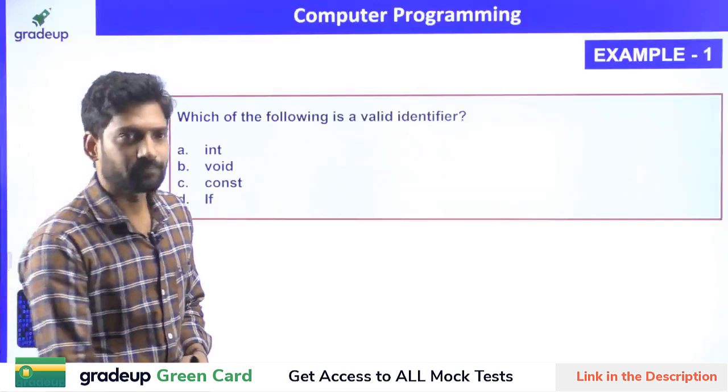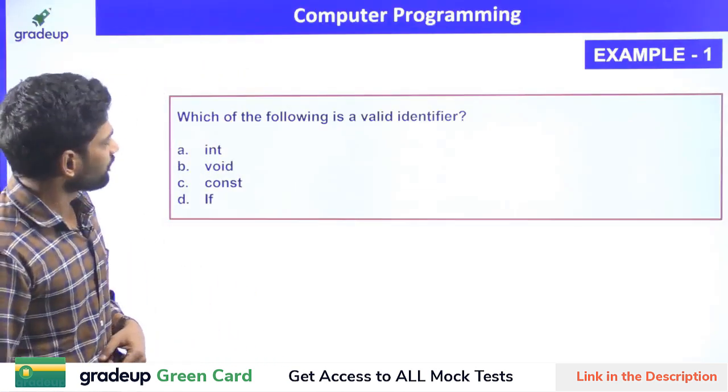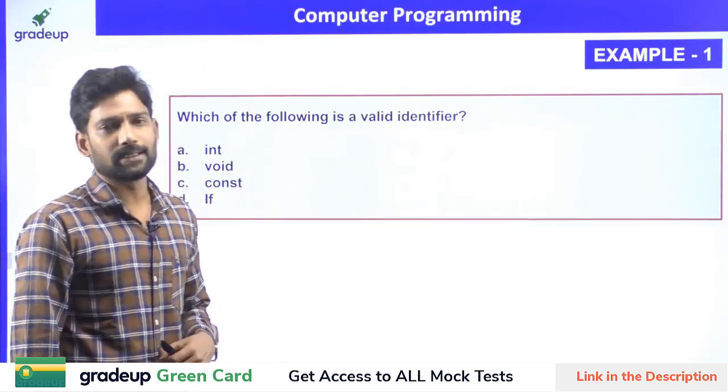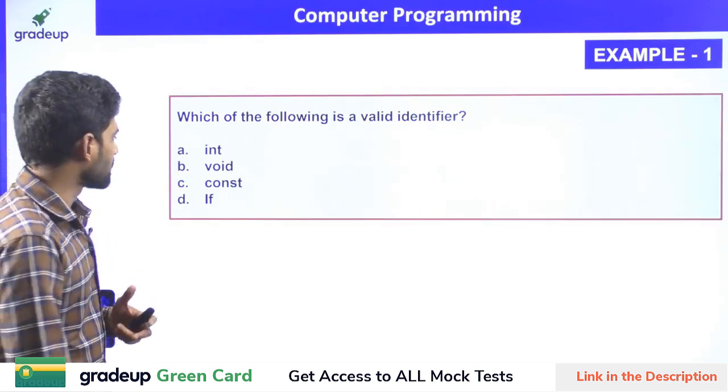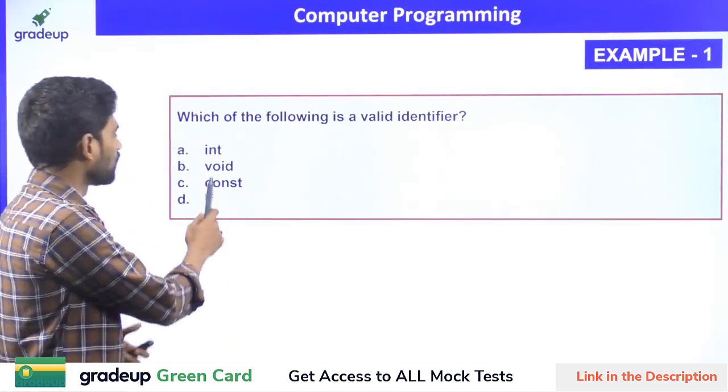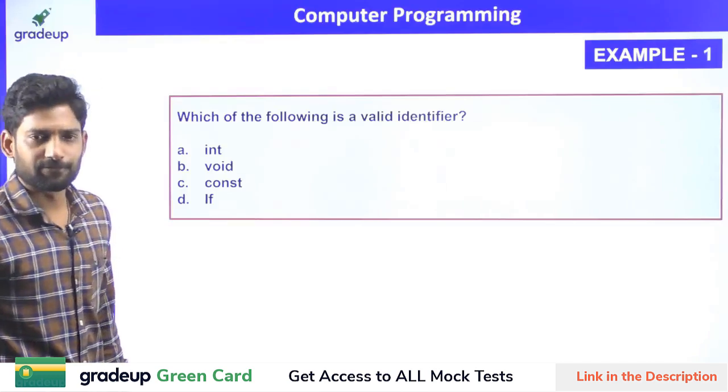So the first question: which of the following is a valid identifier? Options are int, void, const and if.